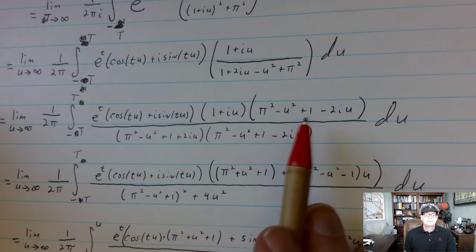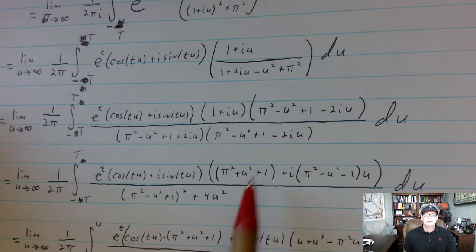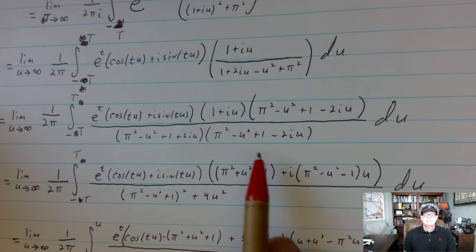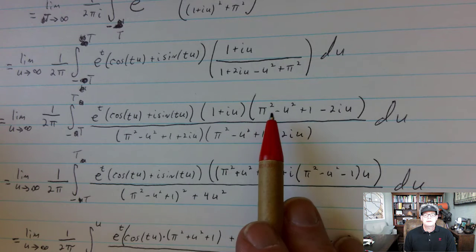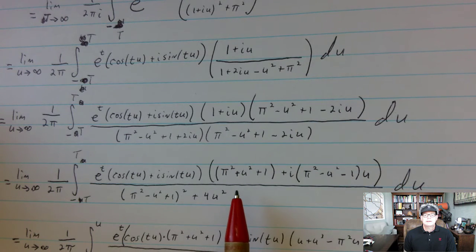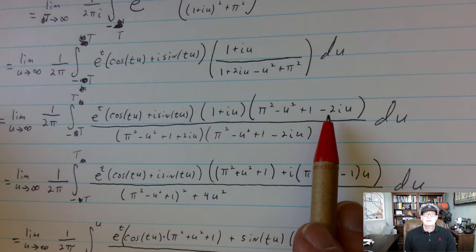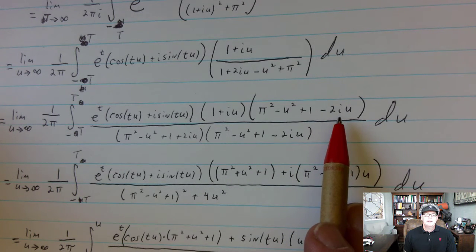Multiplying all this, I did it in two parts. So first the 1 plus iu, it's 1 times all that. And then iu times minus 2iu will be minus 2i squared u, which will be plus 2u squared.